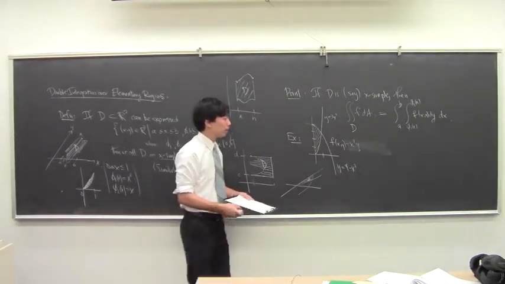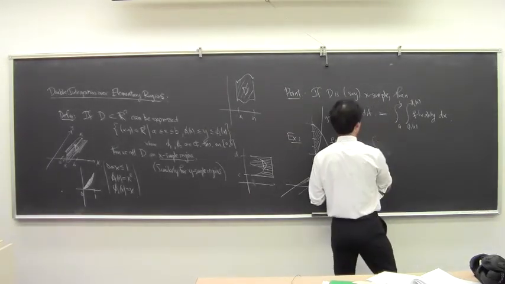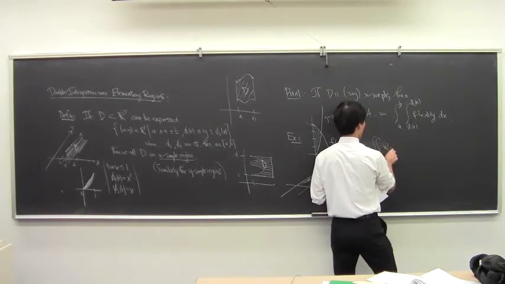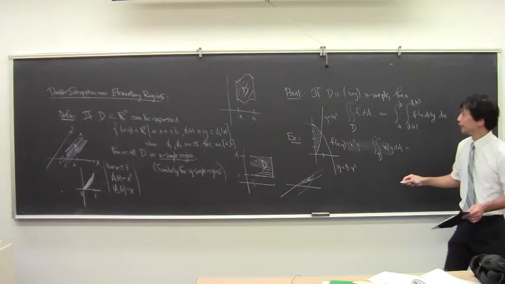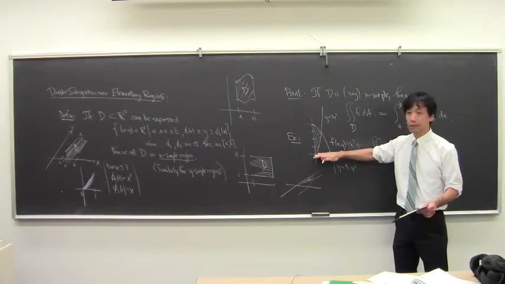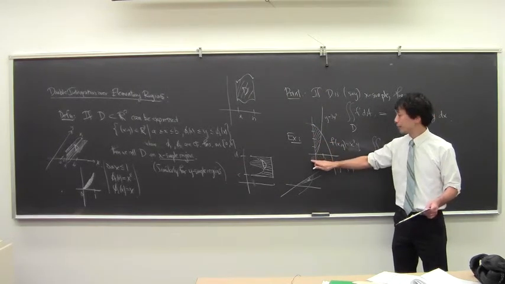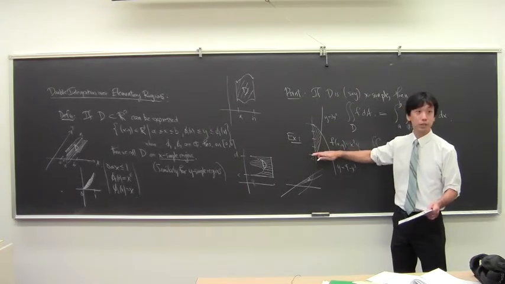And what the theorem says is that the integral of x squared y over that thing, you can calculate. So we're going to consider this thing as an x-simple region. The x's range from 0 to 1, and the y's, as you see, range between two functions of x.